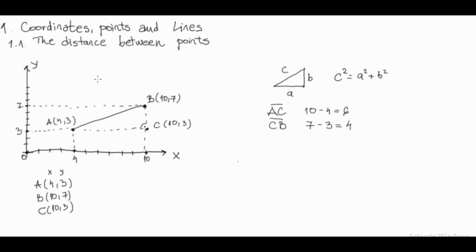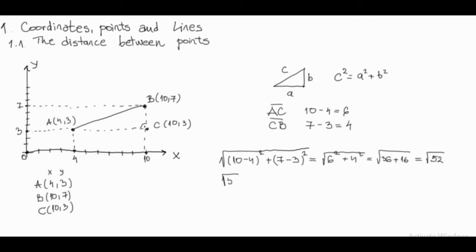So, using Pythagoras theorem in triangle ABC shows that the length of the line segment AB is 10 minus 4 squared plus 7 minus 3 squared. It all goes under the square root because we know how Pythagoras theorem works. So we'll calculate that. 6 squared plus 4 squared equals 36 plus 16 equals square root of 52. Square root of 52 is approximately 7.21.